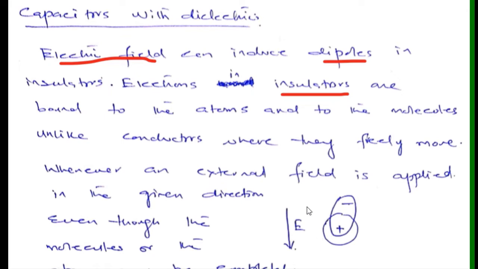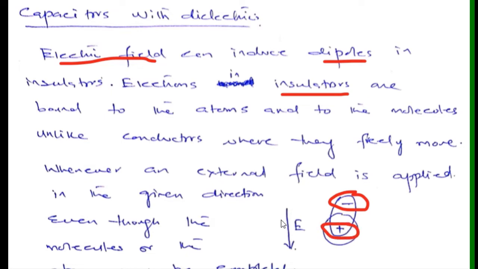The moment I applied this electric field, this spherical shape becomes a little bit elongated, and the positive charge and the negative charge, they shift themselves in such a way that on the upper side we have negative charge and on the lower side we have positive charge.